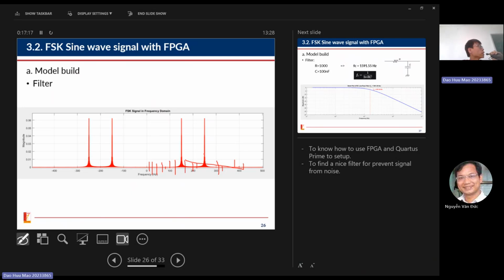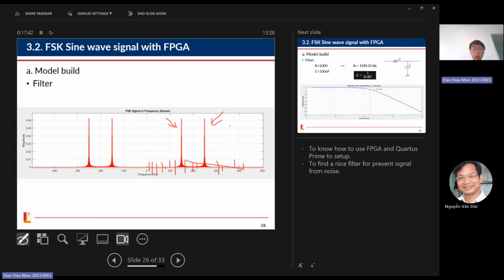So to prevent that noise, we have to use a filter. We just want to get the true signal in here. That's what we need, so we apply a filter to get it.